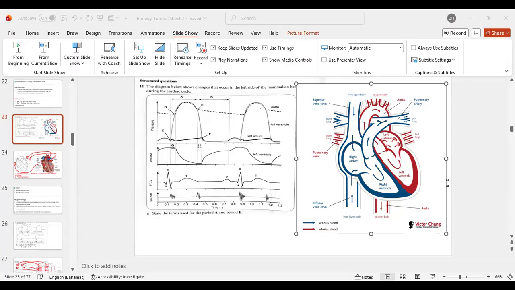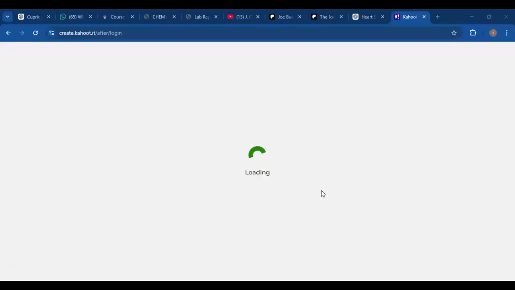All right, good stuff. Okay. I can start sharing my screen now. Okay, good. All right, still loading. Not good internet. Oh gosh.